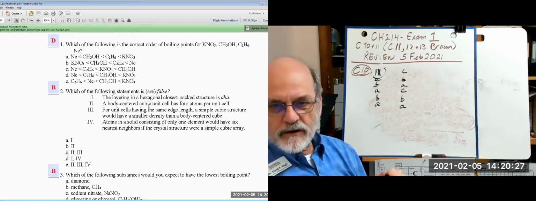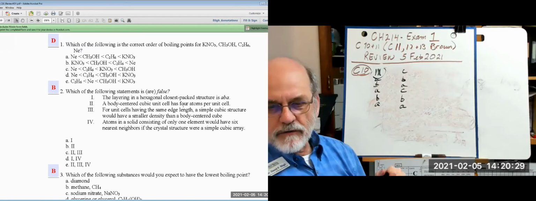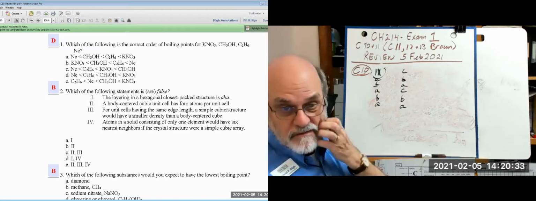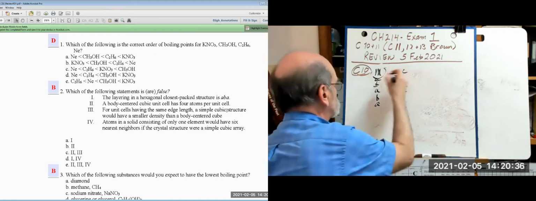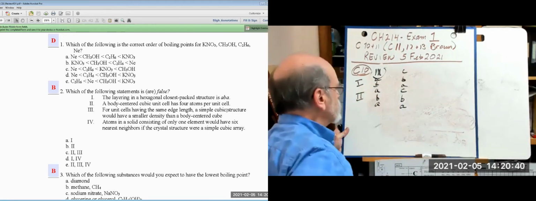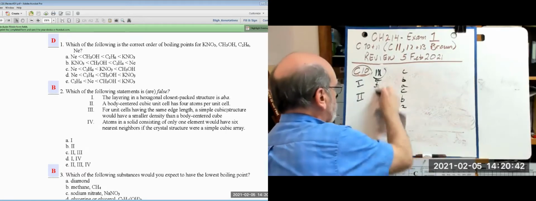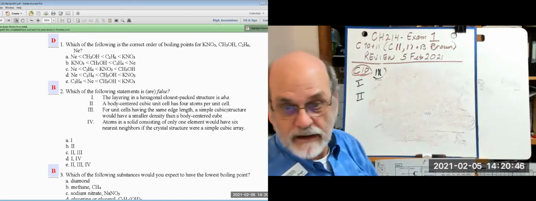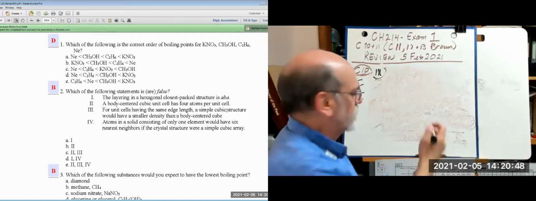Okay, a body-centered cubic unit cell has 4 atoms per unit cell. Is that true? So 1 is true. 1 is true. How about 2? Body-centered cube.